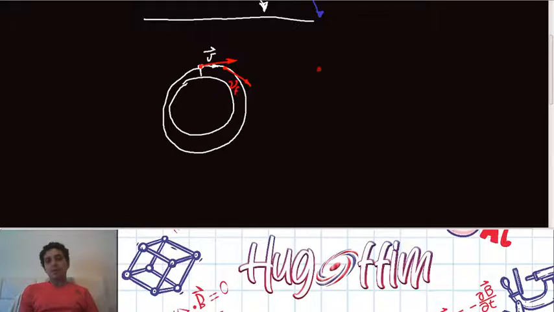And if I move these two velocities to one position, I'm going to have this type of change. So that will mean that we're going to have an acceleration in this direction.